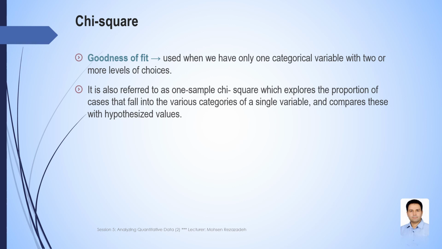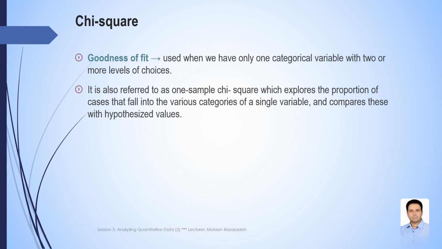It is also referred to as one sample chi-square test, which explores the proportion of cases that fall into the various categories of a single variable and compares these with hypothesized values. The proportion of cases that fall into various categories, for example, into male category or female category of a single variable.